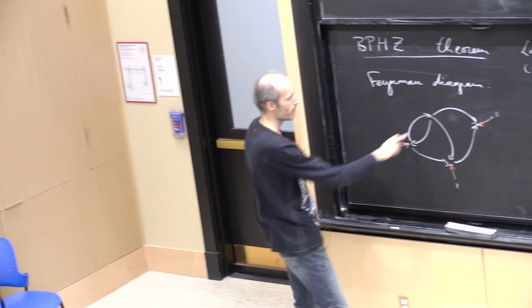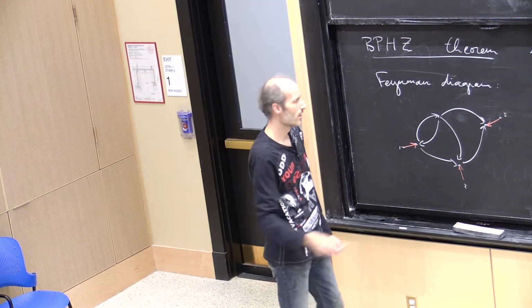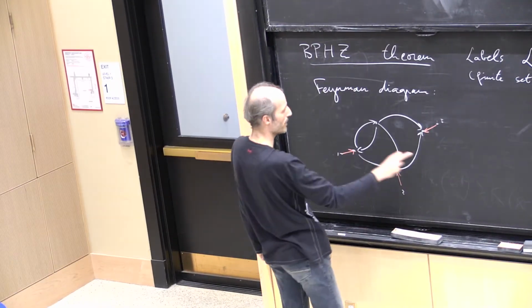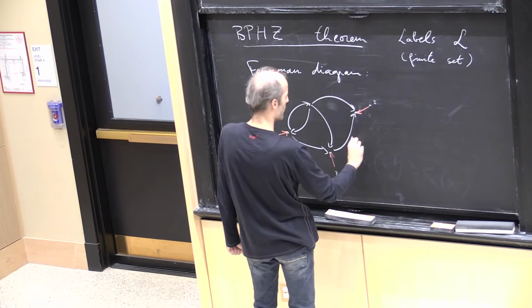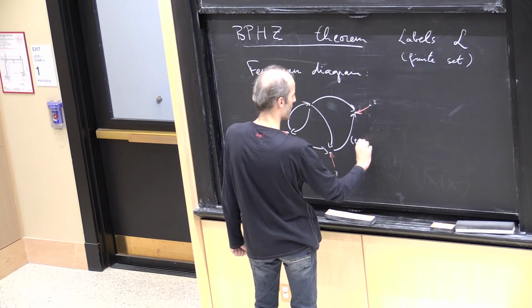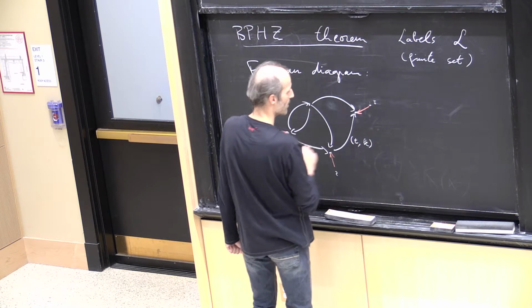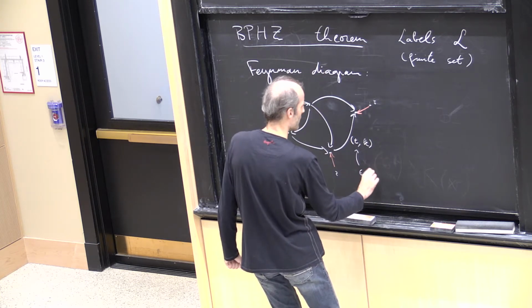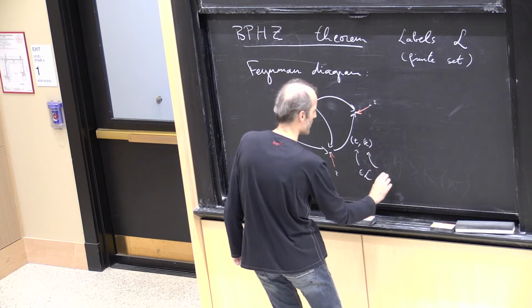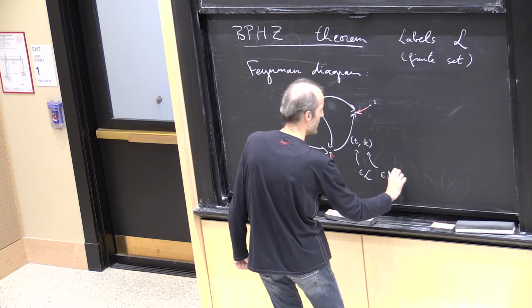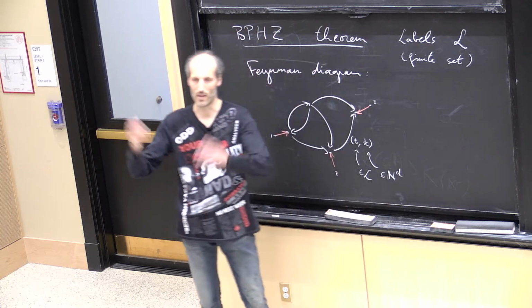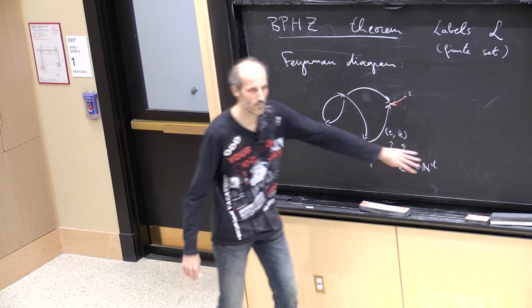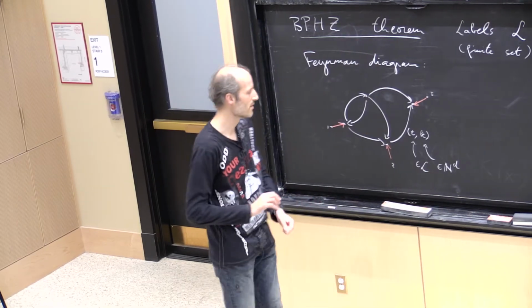And we're going to decorate each edge with a label and a multi-index. So on each edge here, we have a label t and a multi-index k, with t an element of L, and k, say, a d-dimensional multi-index. I've fixed some ambient space R^d somewhere around, and the d refers to that ambient space.